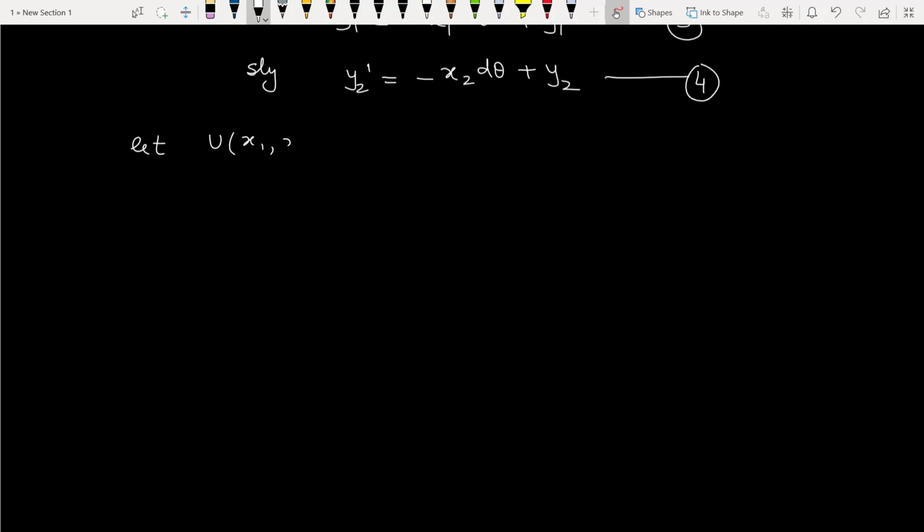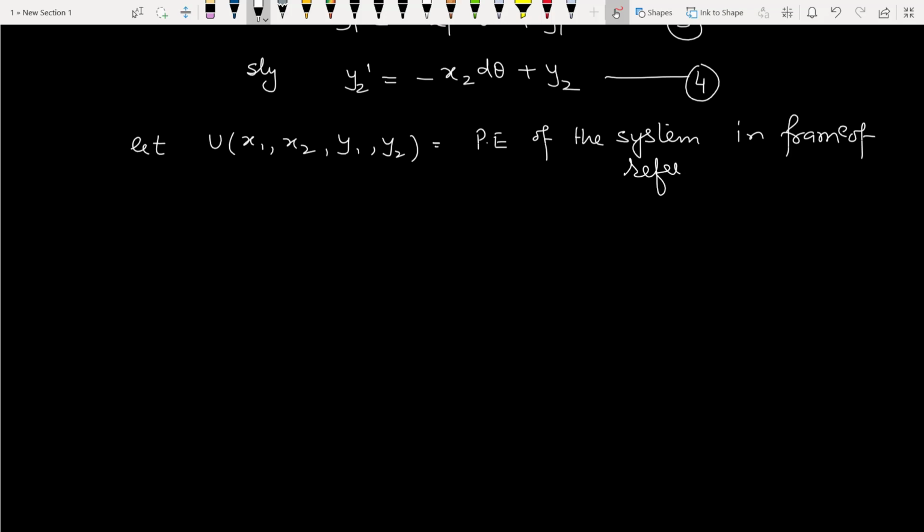U x1, x2, y1, y2 is the potential energy of the system in frame of reference S, and U x1 dash, x2 dash, y1 dash, y2 dash is the potential energy of the system in frame of reference S dash.